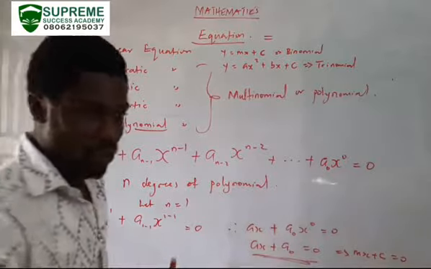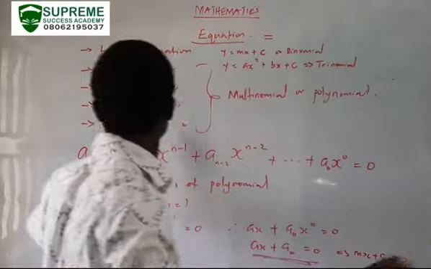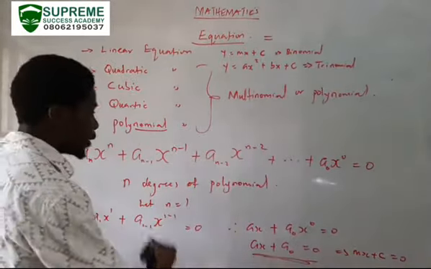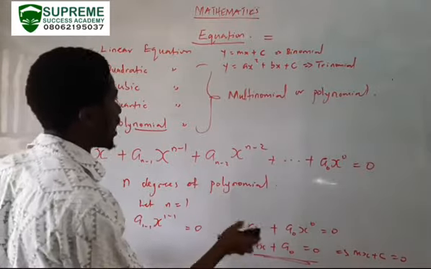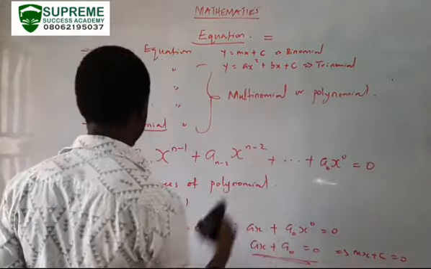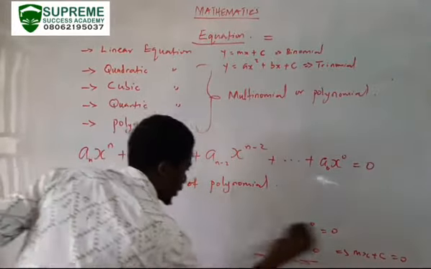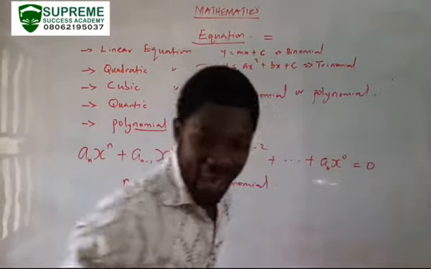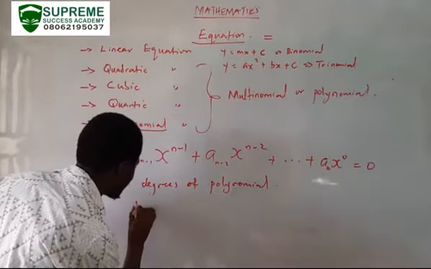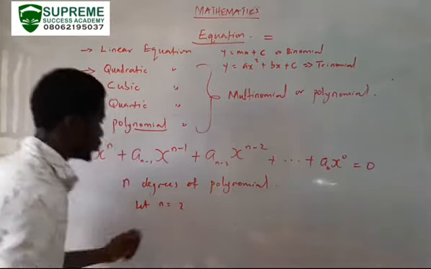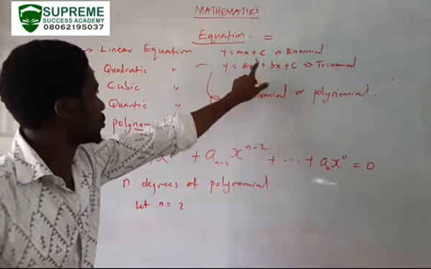So let me show you one more, and you see how we obtain the quadratic equation, which we call trinomial, from that same polynomial parameter. Okay, so in that case, let n equal 2, degree 2. Take note of that.